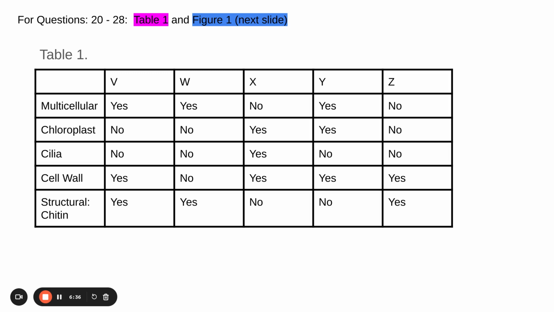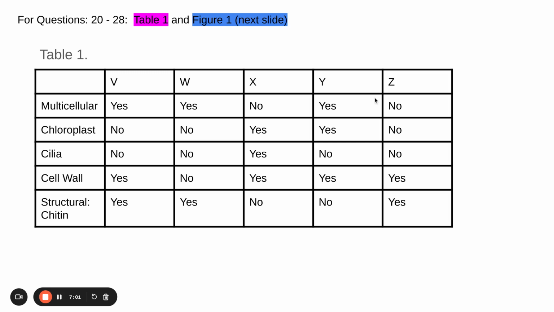So if I'm looking at a plant, yes, it's multicellular. Yes, it has chloroplast. No, it doesn't have cilia. Yes, it has a cell wall, and no, it doesn't have chitin. So that tells me that the plant is organism Y. Okay, on to the animal.